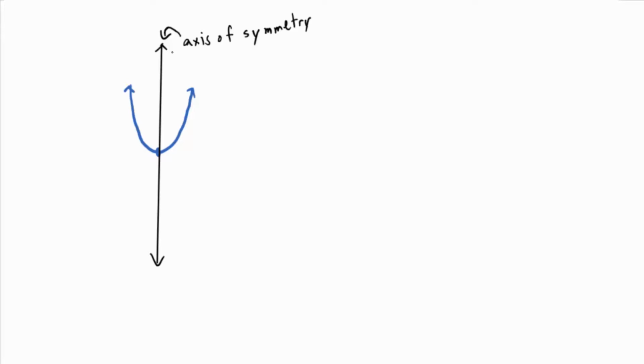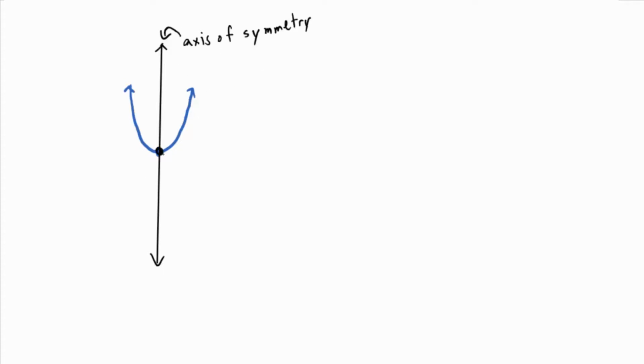Anytime you hear about a line of symmetry, all it means is if you graph the parabola on a piece of paper and folded it across the line, the two halves would touch. That's what it means. And if you know the vertex, you can use the axis of symmetry to plot a parabola very quickly, as you'll see. So what's the equation of the axis of symmetry? What's the equation of any vertical line?